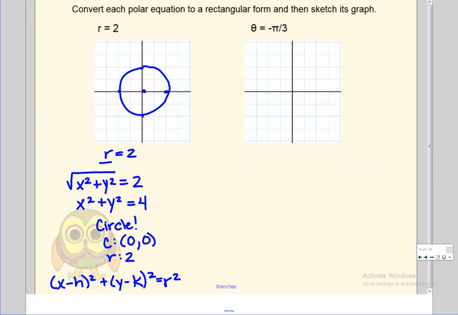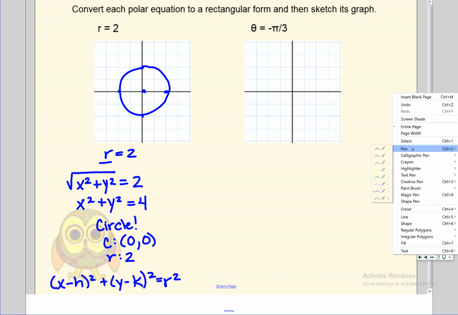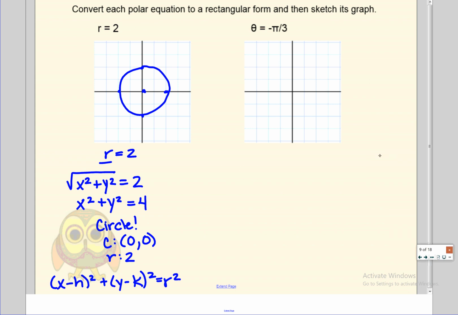Okay, second one. This one just has a theta. Theta equals negative pi over 3. Again, I'm trying to convert my theta to x's and y's respectively, and we have one equation that converts a theta to an x and a y. It's our tangent equation. If I have tangent theta, I can replace it with y over x. That's one of our unit circle ratios.